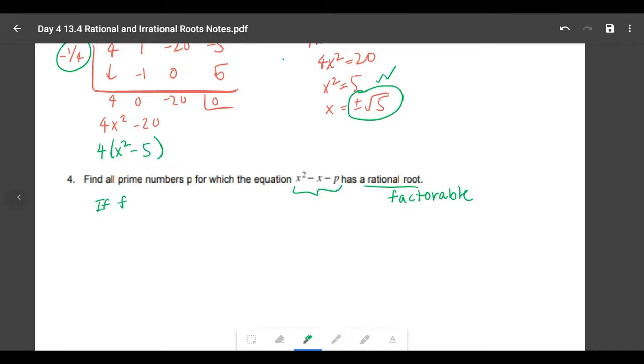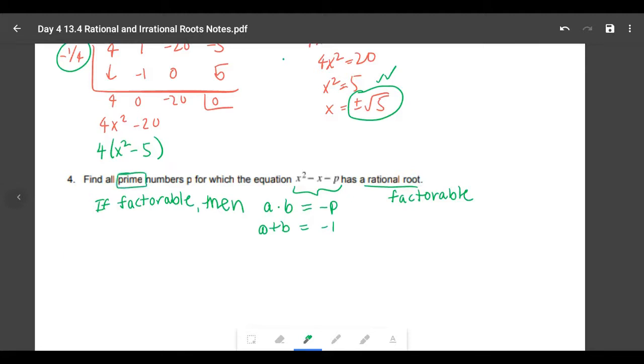All right, so if this quadratic were factorable, if you remember how to factor, we would do what multiplies to the last number. So if I had 2 values that I want to try to multiply to figure out my factors, I would do 2 numbers that multiply to negative p, but then add together to give me my middle term, which is negative 1. Another thing, keyword is that it has to be prime.